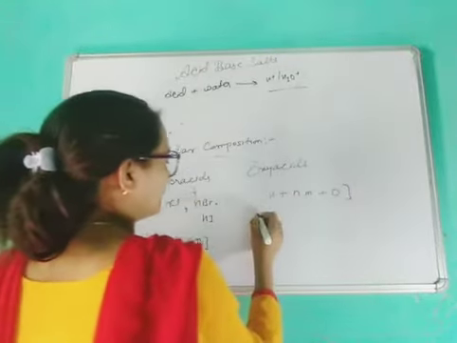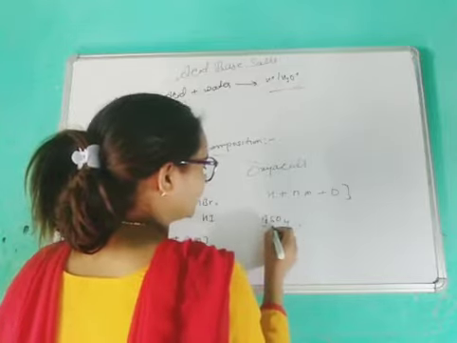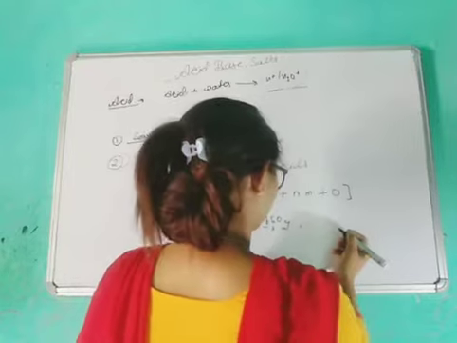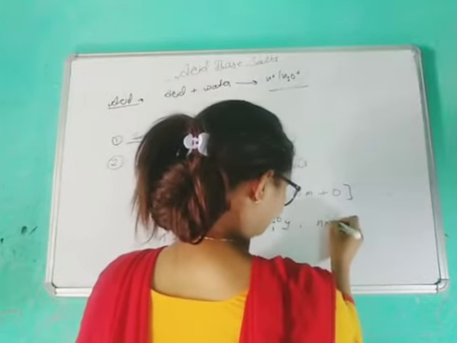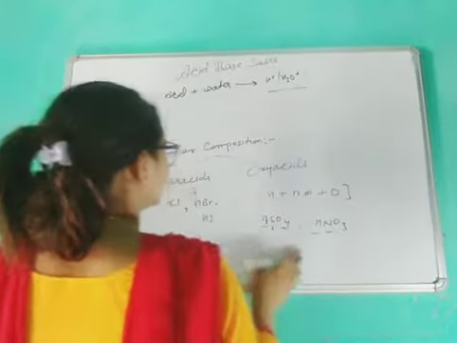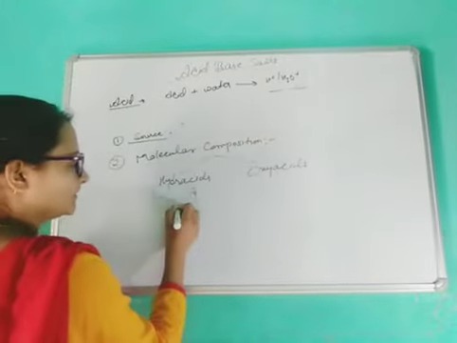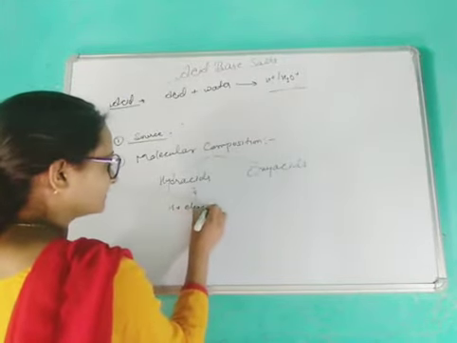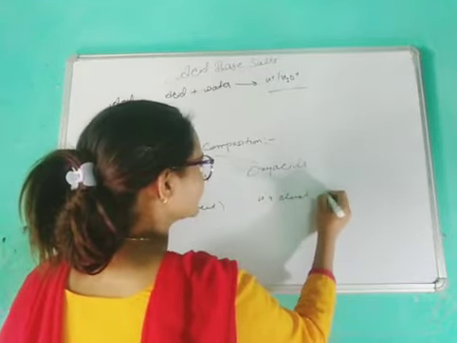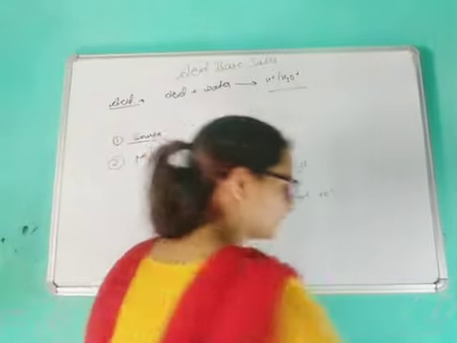For example, H2SO4: here is hydrogen, here is oxygen, and there is another element, that is sulfur. Or HNO3: hydrogen, oxygen and nitrogen is another element. So in hydracids there is only hydrogen plus any element, and in oxyacids hydrogen plus element plus oxygen. So that is according to molecular composition.